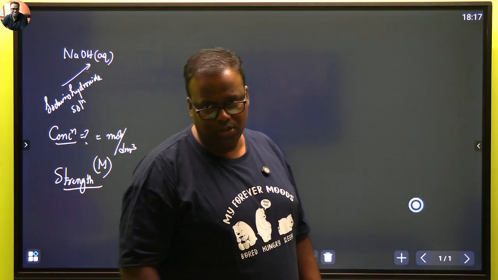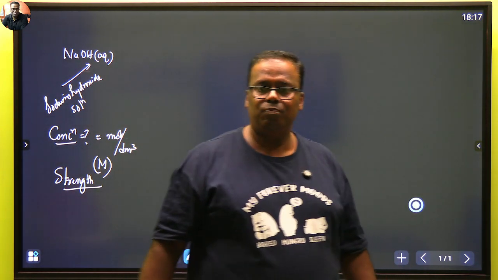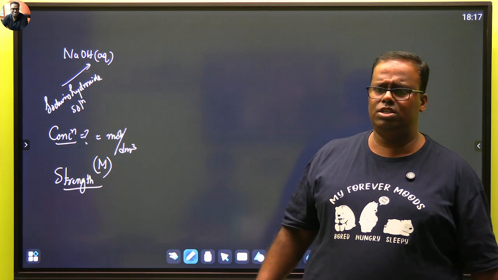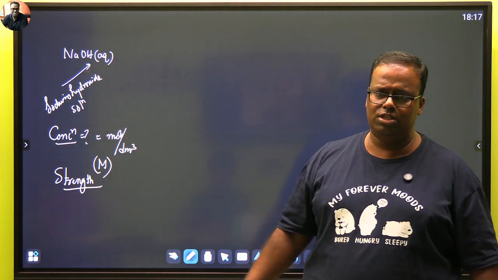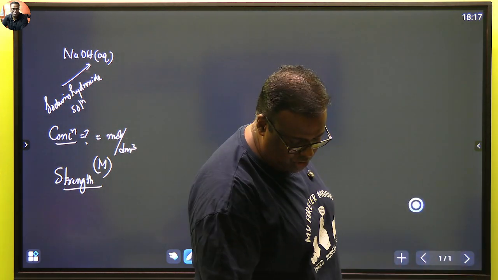I have not given you the data yet. Mass concentration is also there, but this is molar concentration you have to answer. Let's see what the question is all about.